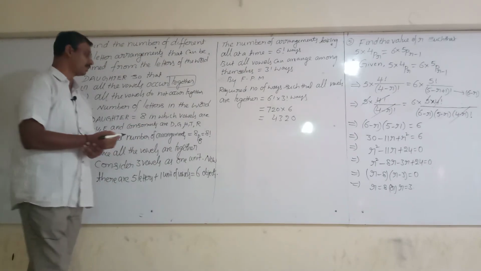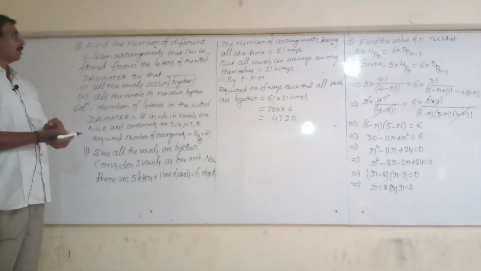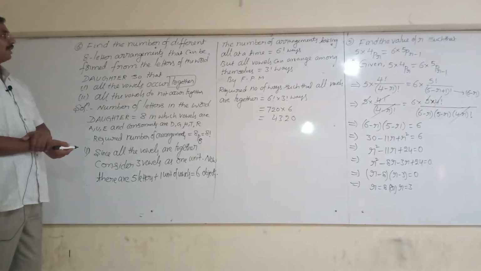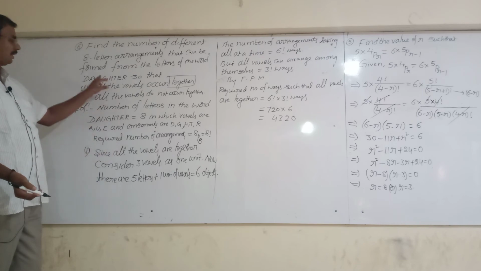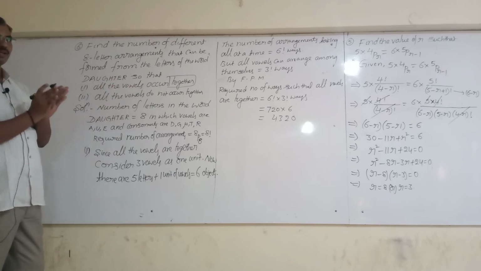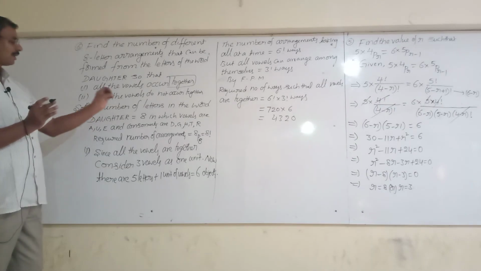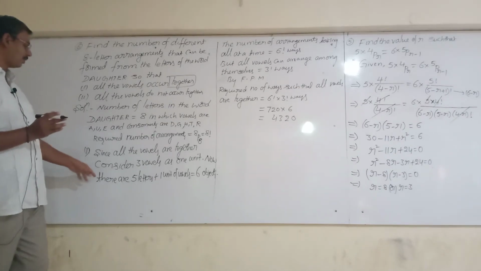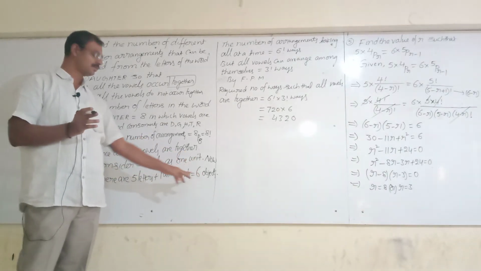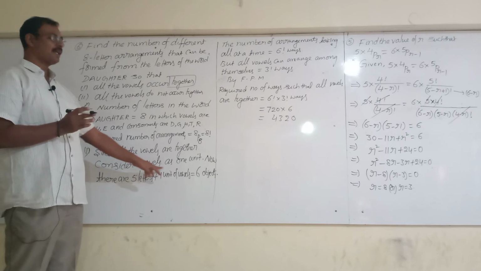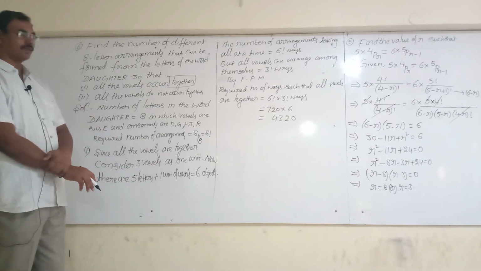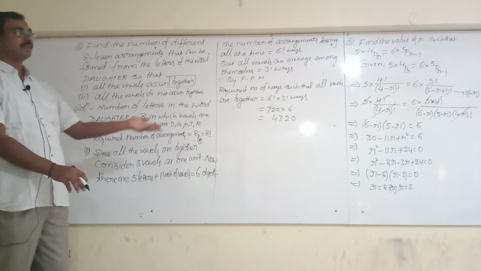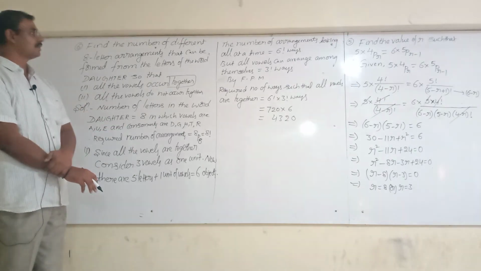This is the first question. Now, the first question is: all vowels are together. Together means what to do? Club them and treat as one unit. Now count the total number of different objects: 5 consonants plus 1 unit of vowels is equal to 6 objects. This can be done in 6 factorial ways.